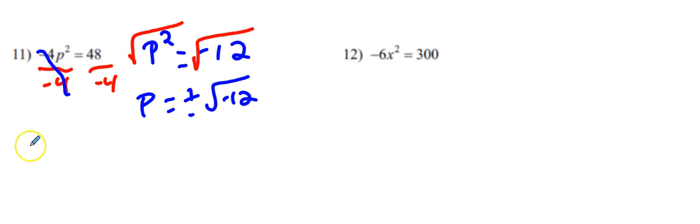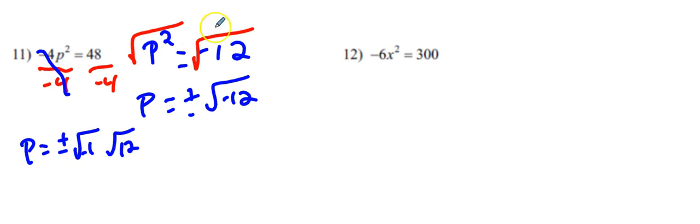I'm going to write this a different way. P equals plus or minus root negative 1 times root 12. And we actually have a couple of steps to go through here. So now the square root of negative 1 is i.